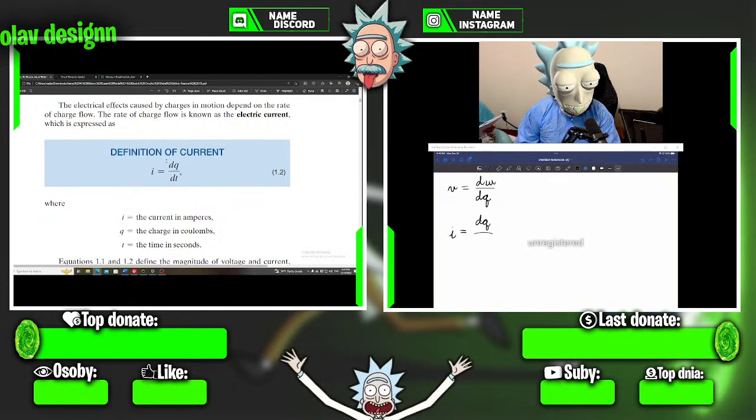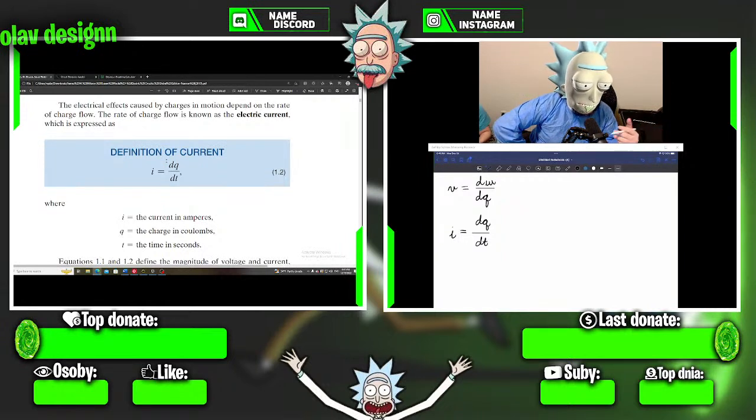Okay, here we go. The very tiny change in charge over a relatively tiny change in time. The rate of change of charge over the rate of change of time.